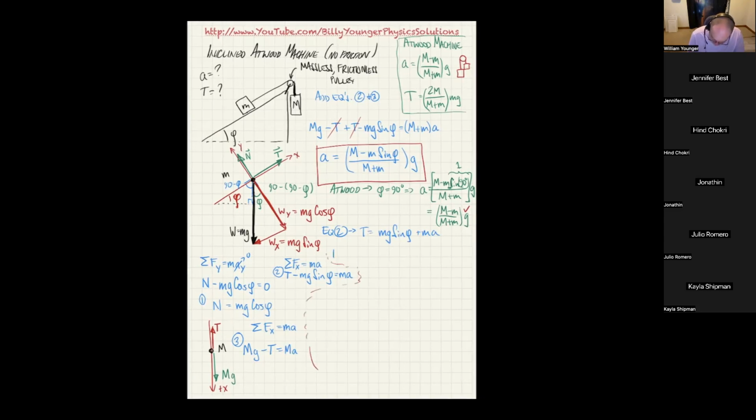I'm going to go over here and say this is now T, and I'm going to factor out the factor of M. I'm going to put a big square bracket there. And this first term is going to be g times the sine of phi. And this other term is just going to be the acceleration we just found, which was big M minus lowercase m sine phi over big M plus lowercase m.